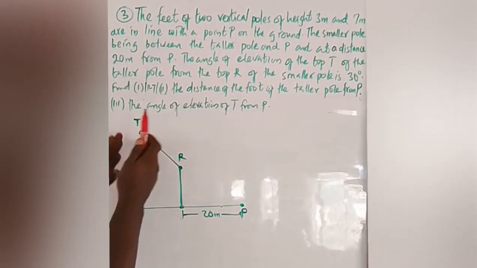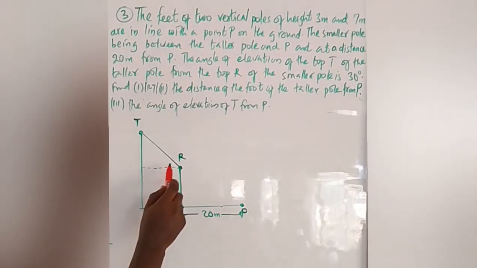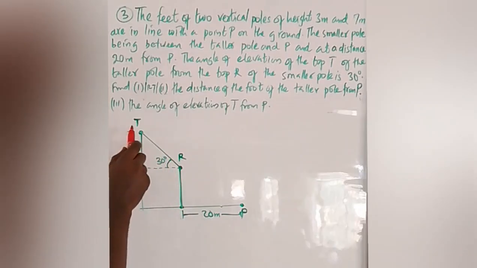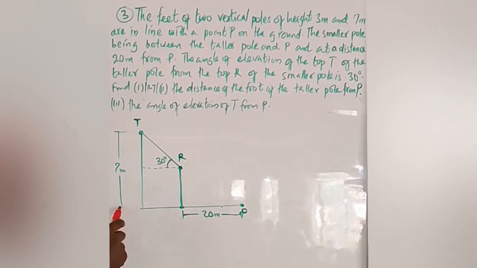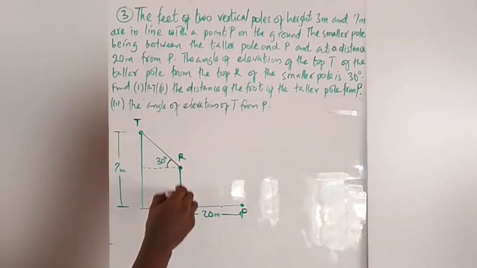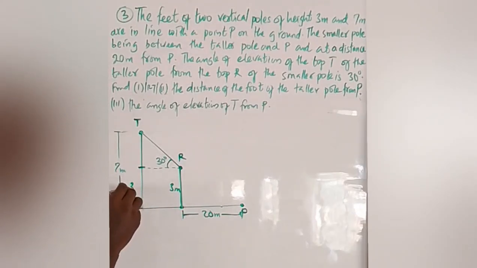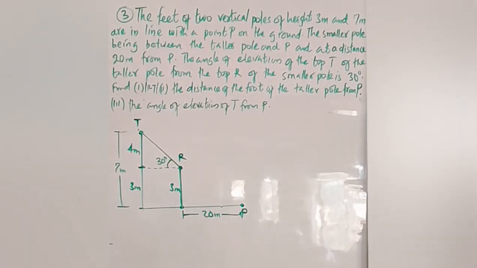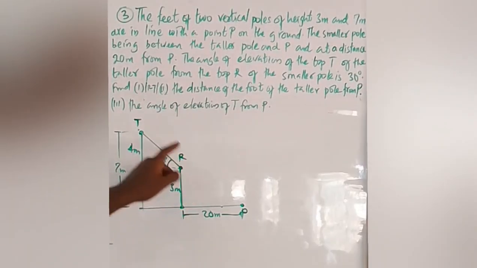I want the angle to be within this shape, so from here I can draw this and slot in 30 here. We are told that the height of this one is 7 meters, and this is 3 meters. So if from here to here is 3 meters, then from here to here is also 3 meters. Then the remaining part is going to be what? Because everything is 7. Find RT.